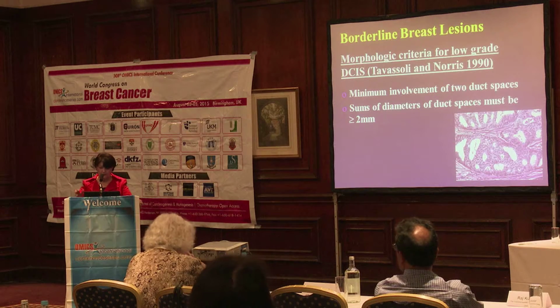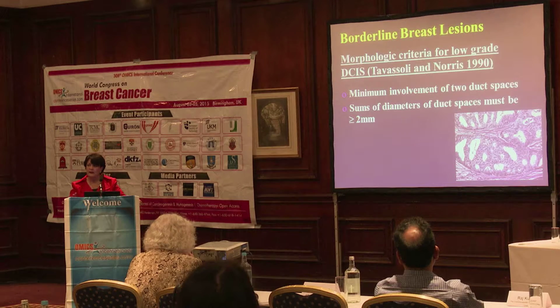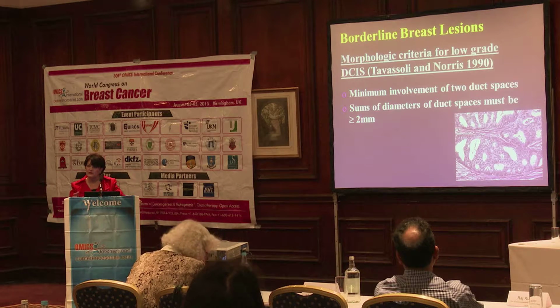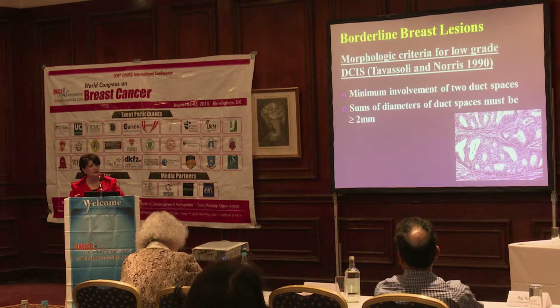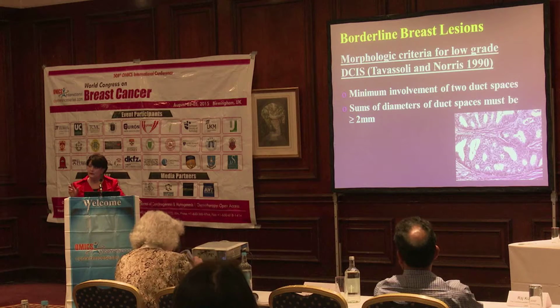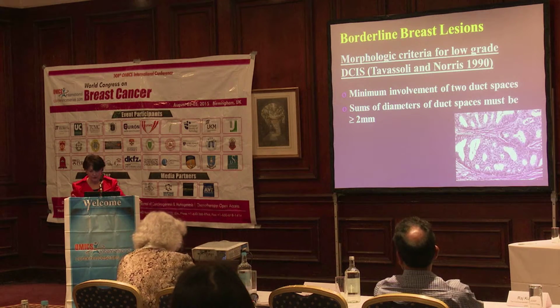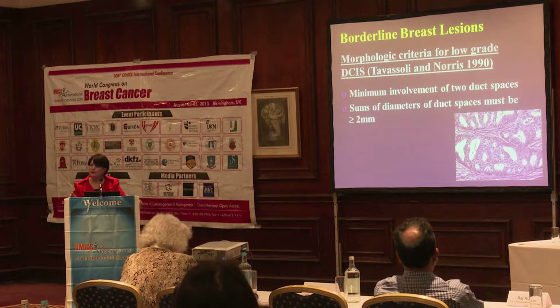And then we have Dr. Tavassoli and Norris' definition of the same thing, where they bring quantitative measures, and they say that this abnormality should be seen in a minimum involvement of two duct spaces, and the sum of the diameters of the ducts involved with this atypical proliferation must be more than 2 millimeters.